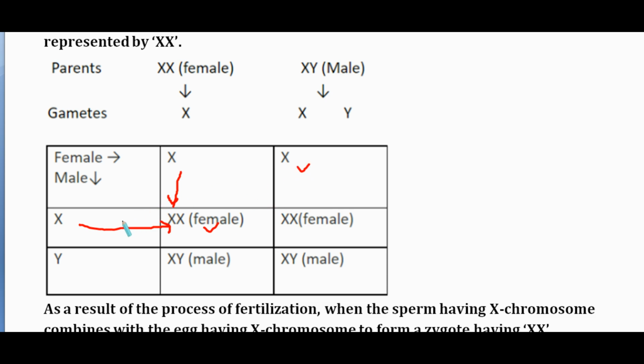Now the combination of Y with X, X gamete from female and Y gamete from male, then we get XY and the child is male. Similarly, here X and this is Y, we get XY and this is also a male.